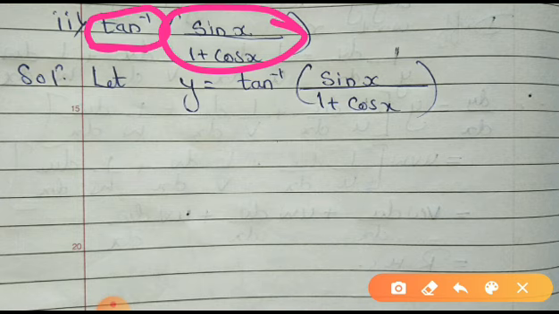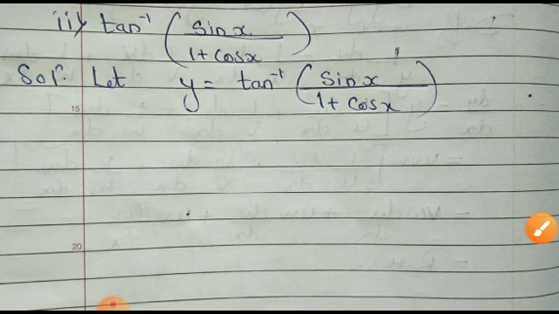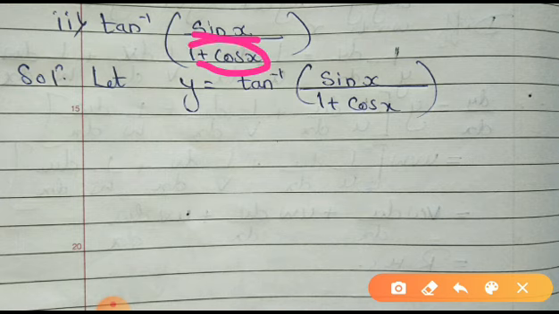So now see how to do this question. Here it is sin x and here it is 1 plus cos x. Do you have any identity for 1 plus cos x? Yes, 1 plus cos 2x. You remember what it was? 1 plus cos 2x is 2 cos square x.